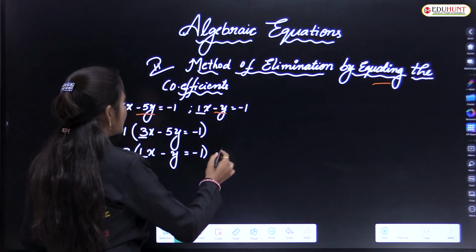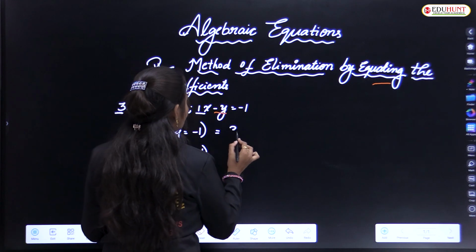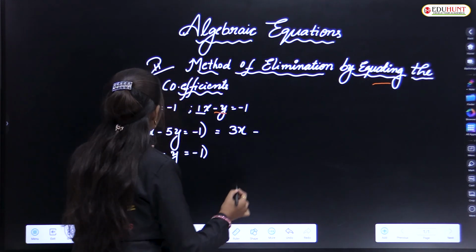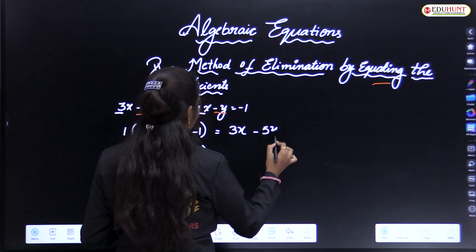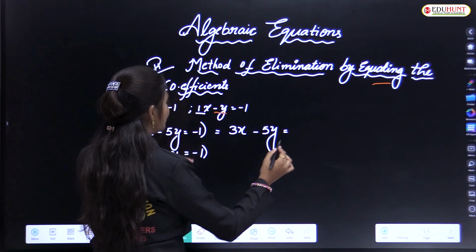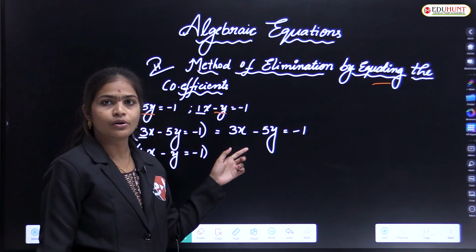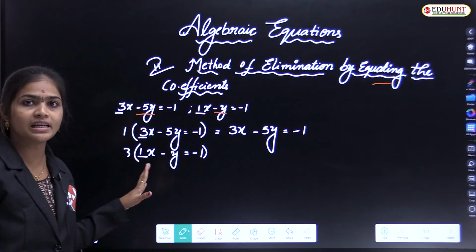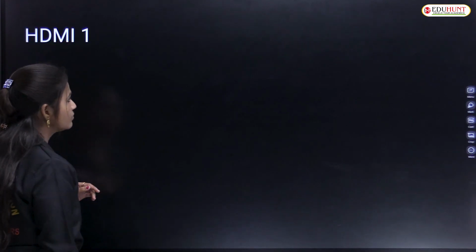Now we will get the new equations. See here, 1 into 3x is equal to 3x, minus 1 into 5y is equal to minus 5y, is equal to 1 into minus 1 is equal to minus 1. There is no change in the first equation. Now let us observe the second equation. We have to multiply with 3, no?